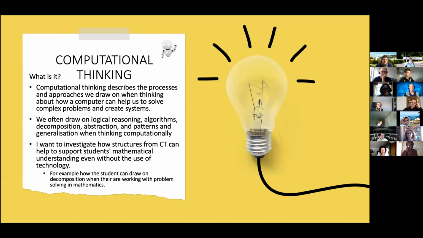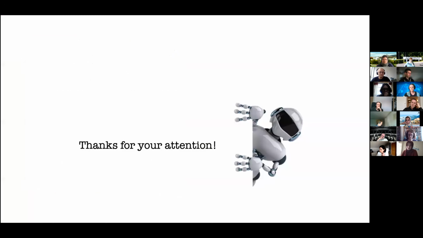So I want to investigate how structures from computational thinking can help the students' mathematical understanding, also without using technology. For example, that the students can draw on decomposition when they're working with problems to solve mathematical concepts. Yes, so that was it, I guess.